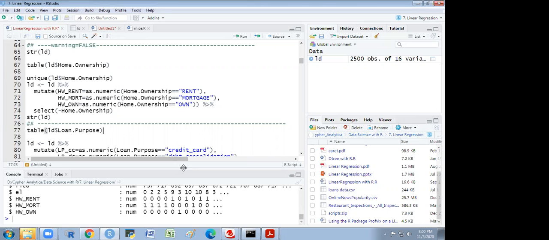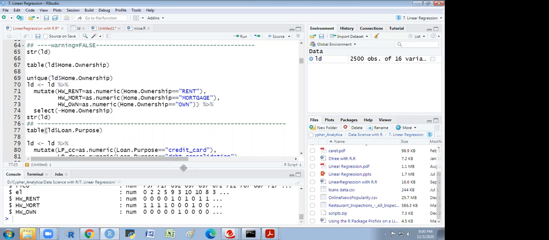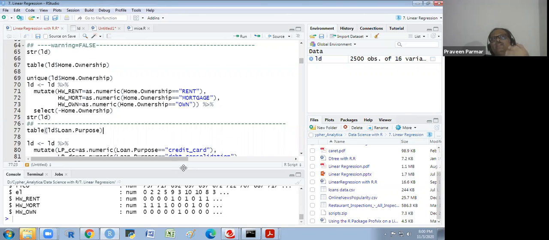So numeric has more advantages than converting it into a category variable, because it is a mathematical calculation. Linear and logistic regression are totally based on mathematics. But wherever you are making a decision tree or a random forest, that is a different model, and there you can convert them into a category, a factor.